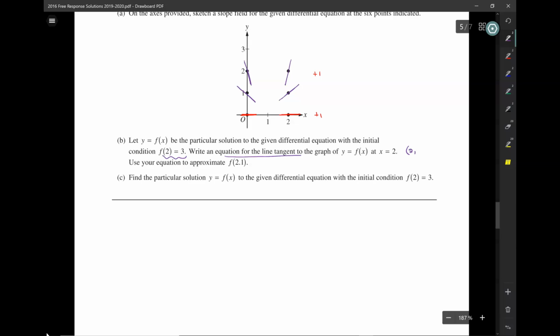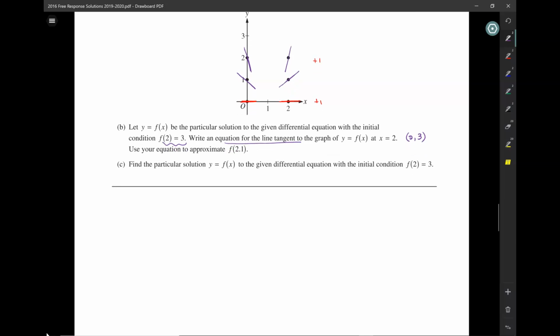The point that we're looking at is (2, 3), and then we need it to approximate f of 2.1. In order to write an equation of a line, I need a slope and a point. The slope is dy/dx evaluated at (2, 3), and that's going to be 9 over 1, which is 9.